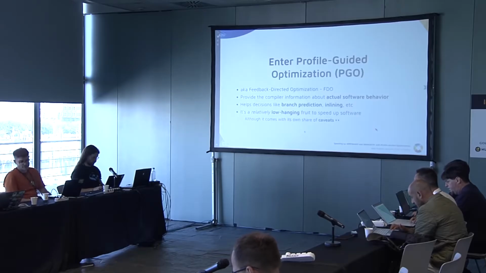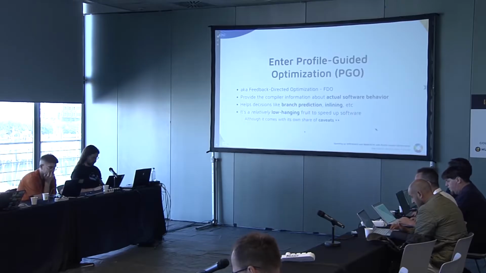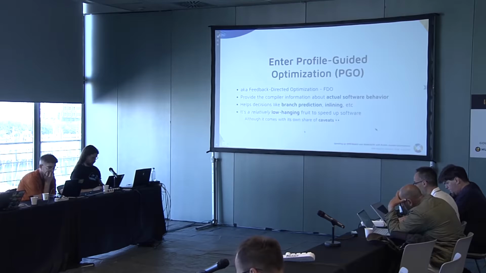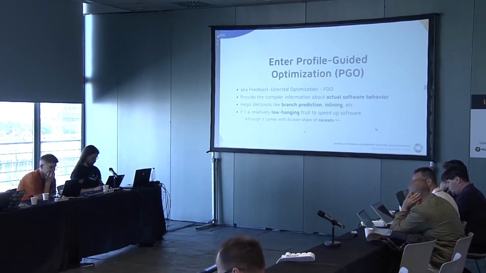It also helps with inlining, deciding when to inline a function or not. PGO is often used together with LTO, the link time optimization. Both are in Clang. They work, in some way, as sibling optimizations.